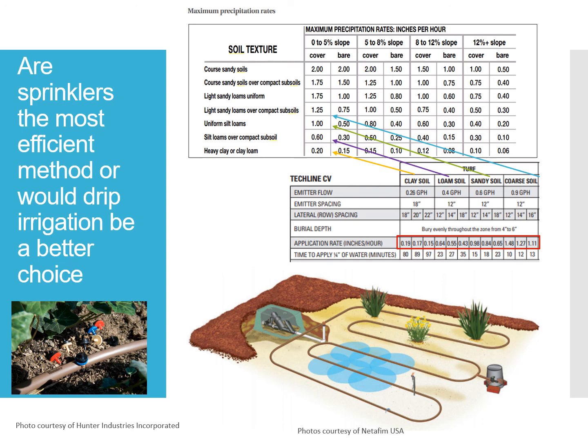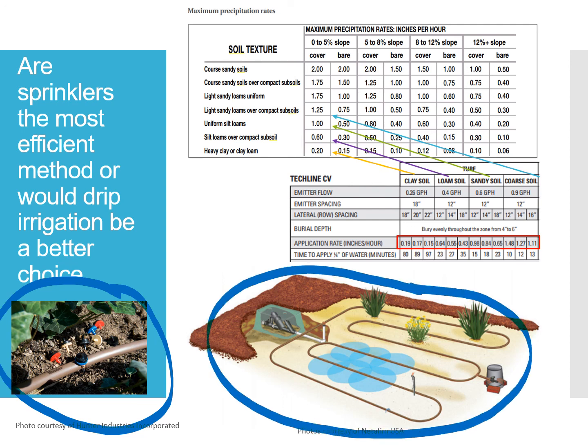So here on the left-hand side, we have an image of point source irrigation and various different flow rate emitters. And here on the right, we have a gridded system, which is inline emitter tubing, where it is put in at specific emitter spacings and lateral row spacings according to your soil type. And again, we have this familiar soil texture chart and application rates that are compatible.